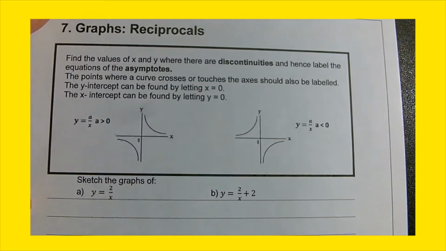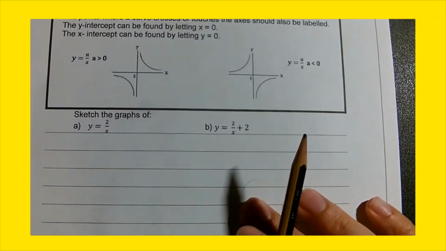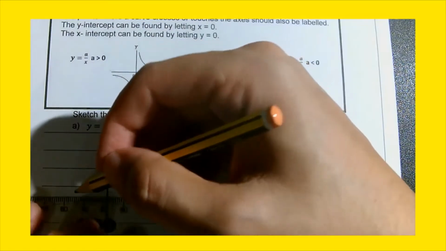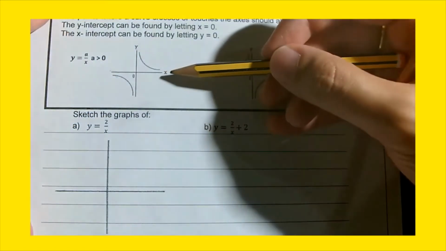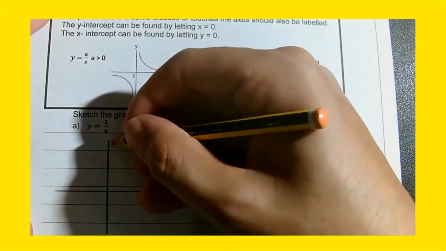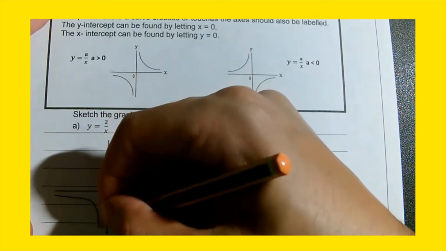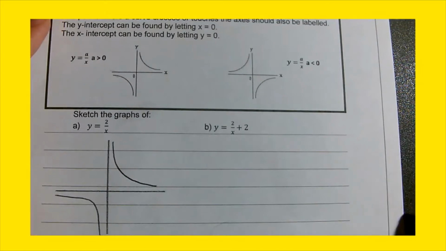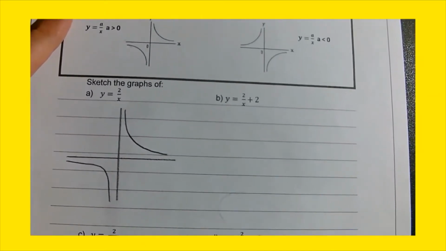Now what we've got to do is sketch the graphs. So we've got here 2 over x. Now 2 over x will not be too difficult. It will have the same behaviour as a over x, so it's going to look quite similar to this.